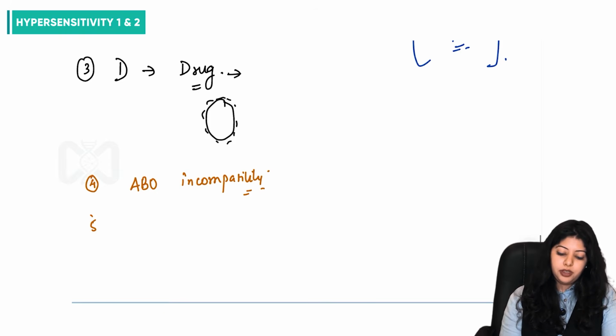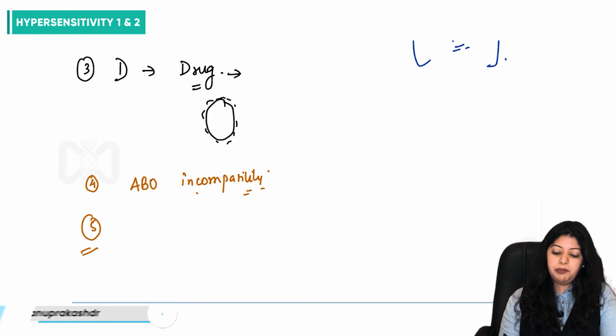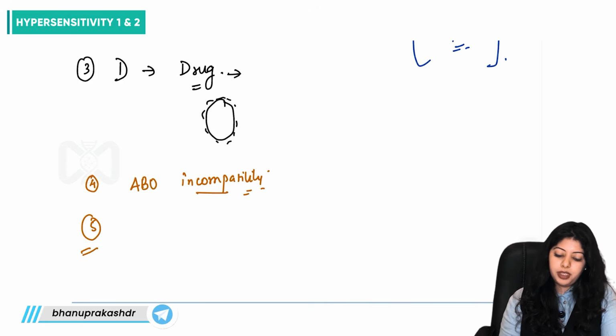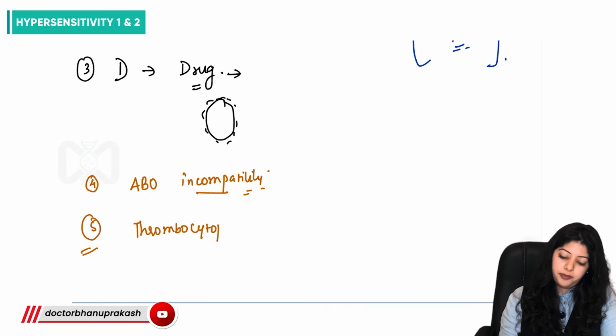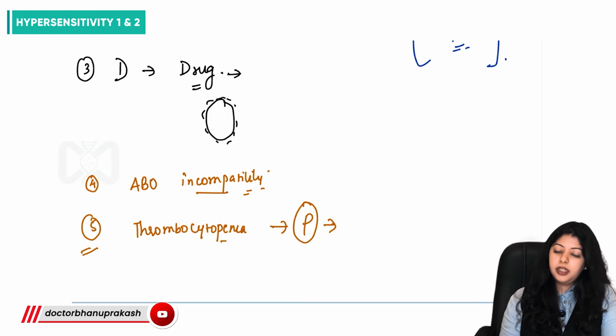Then the fifth example of type 2 hypersensitivity, which is complement dependent, is going to be thrombocytopenia, because it is involving the platelets. Thrombocytopenia, with the letter P from platelets, right?